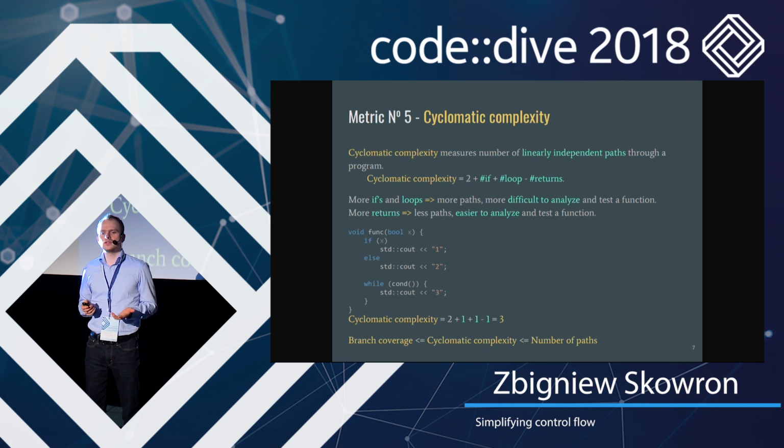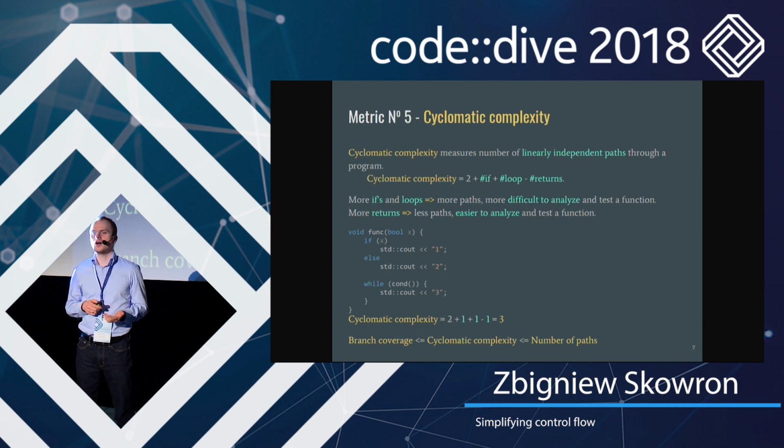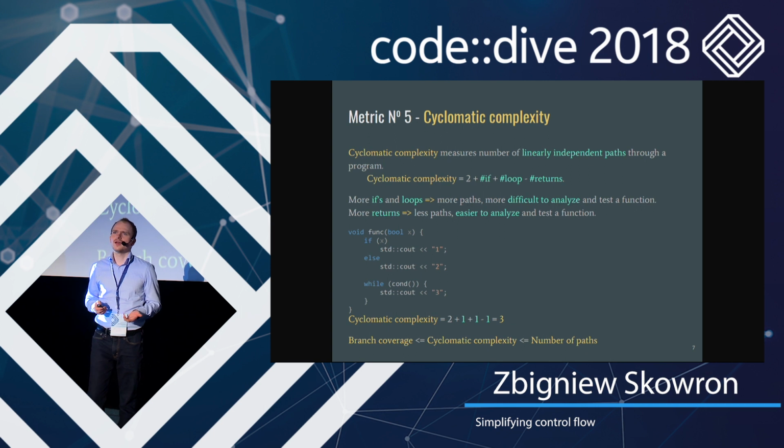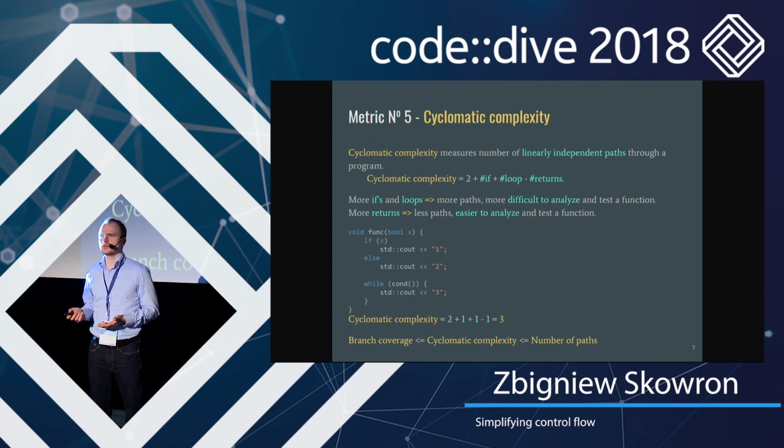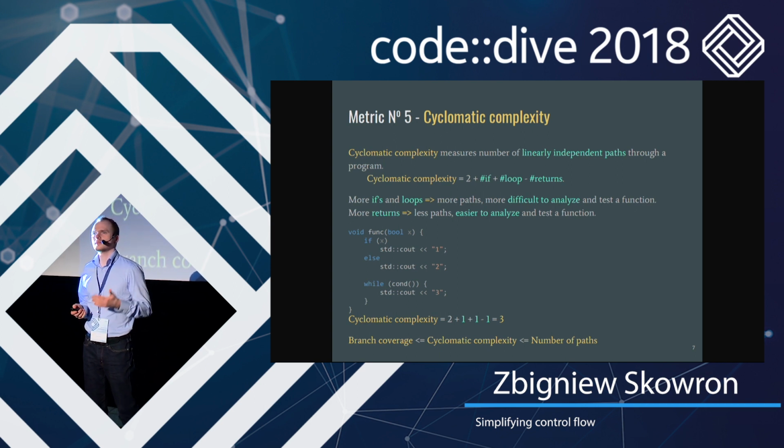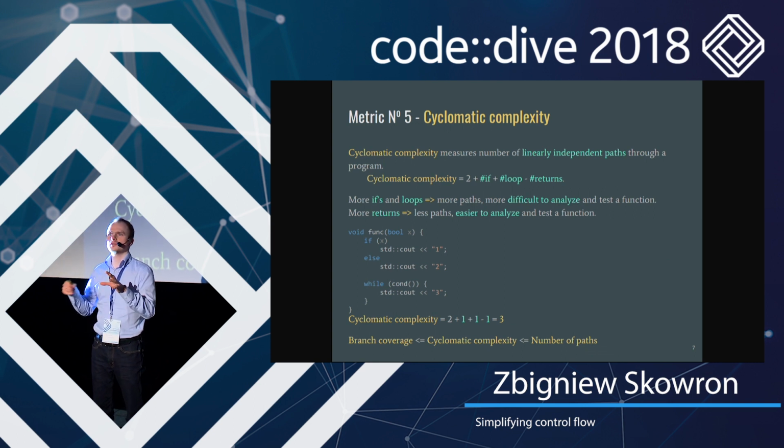It basically says that ifs and loops complicate our code and make it harder to reason about, harder to analyze, harder to test. But on the other hand, returns make our code simpler, because if we have a return, then we know that this particular path will not diverge into many other paths in the future, because it ends right here. So it simplifies our code.